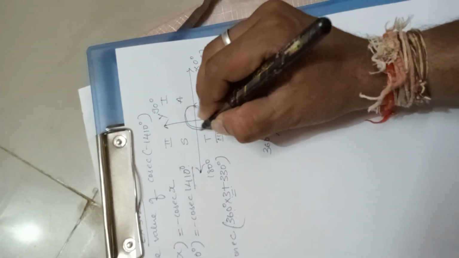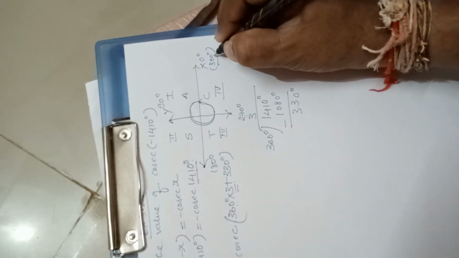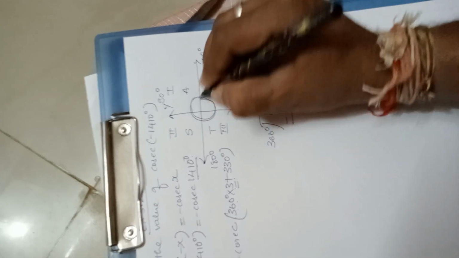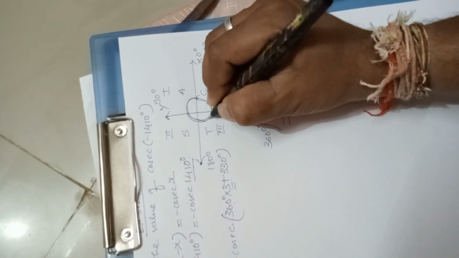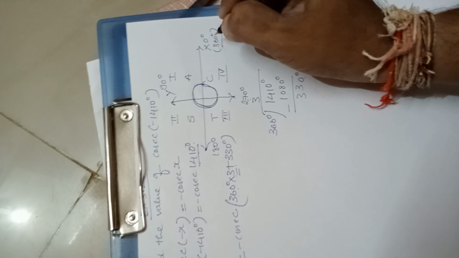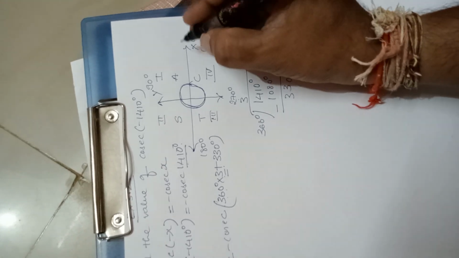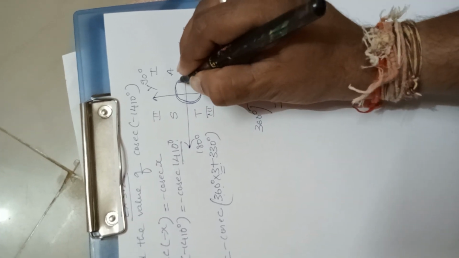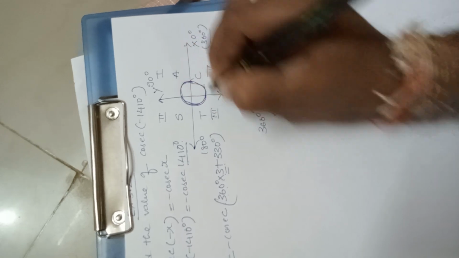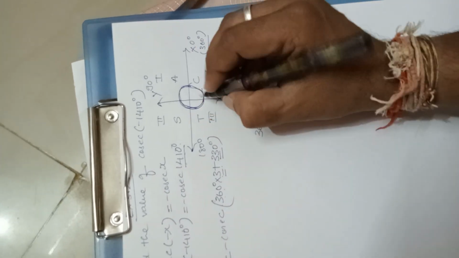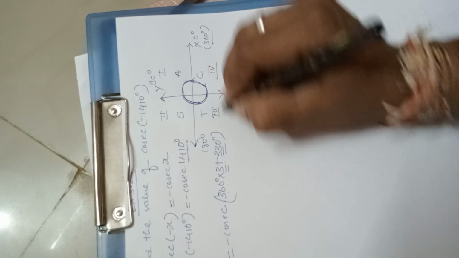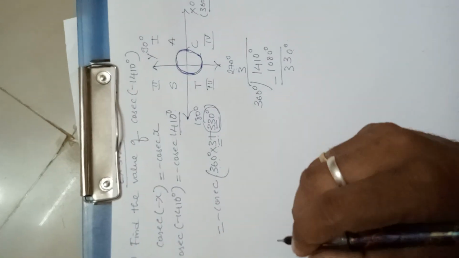In the second rotation we complete an angle of 720 degrees, which can be written as 2 into 360 degrees. In the third rotation we complete an angle of 3 into 360 degrees. Like this, we need to complete 3 rotations and then further go anti-clockwise, making an angle of 330 degrees.